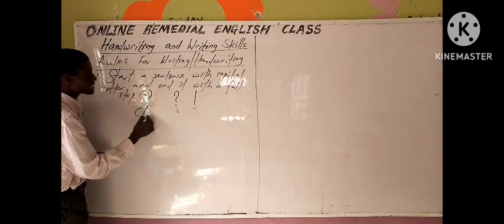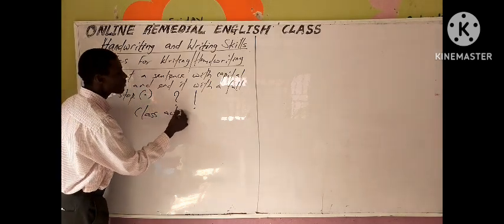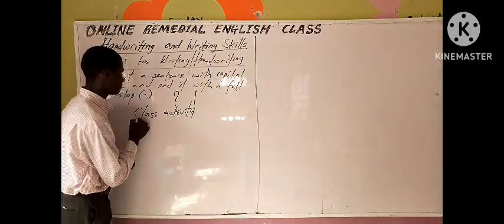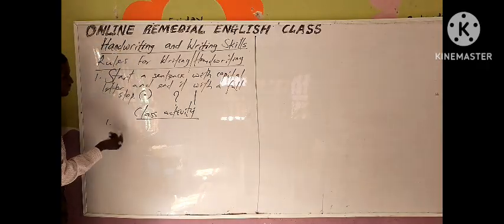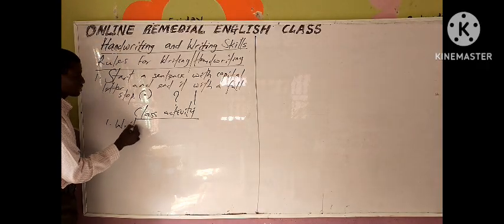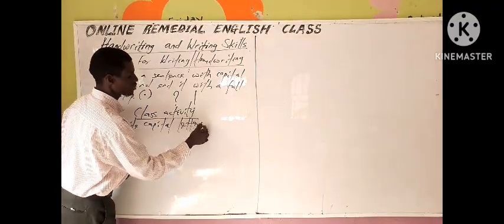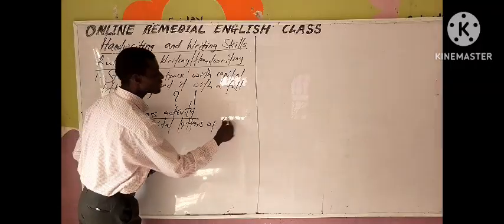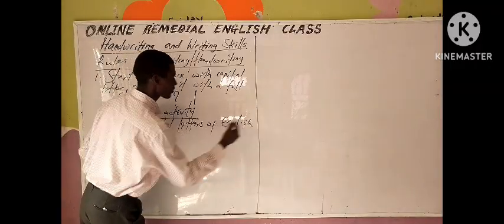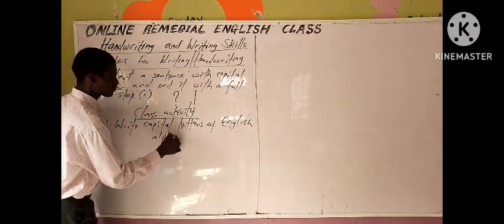The first class activity, even though I will not be able to see your work: write the capital letters of the English alphabet.